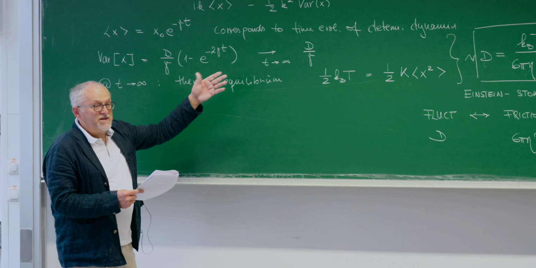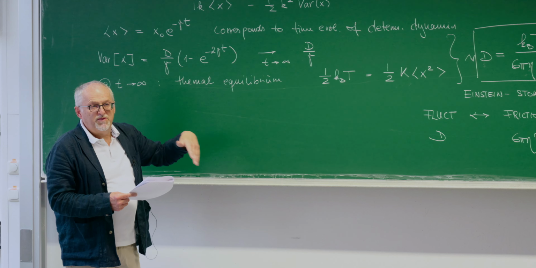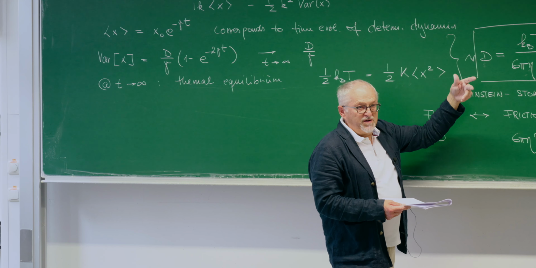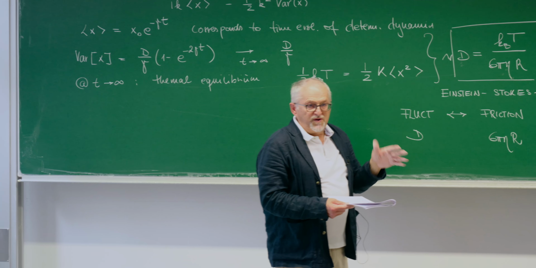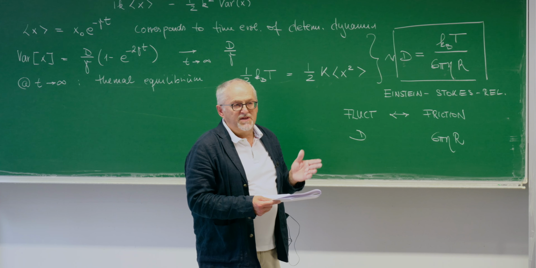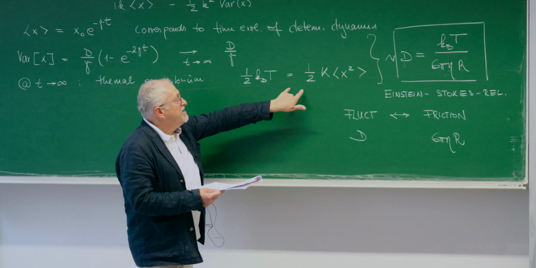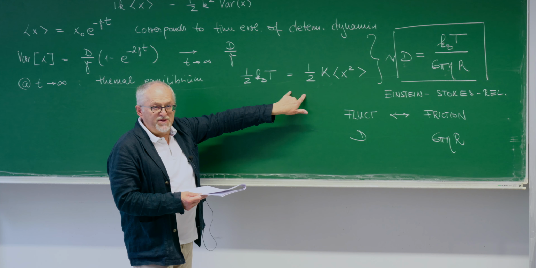So as a consequence of thermodynamic equilibrium being reached, the coefficients for noise and drift are not independent terms. They have to be related. Otherwise, the system would not relax to an equilibrium state where equipartition holds.